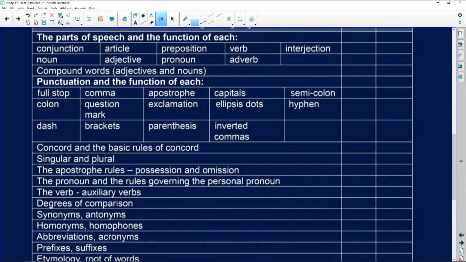And it involves a lot of practice. So you must go over past papers. So let's just look at these.